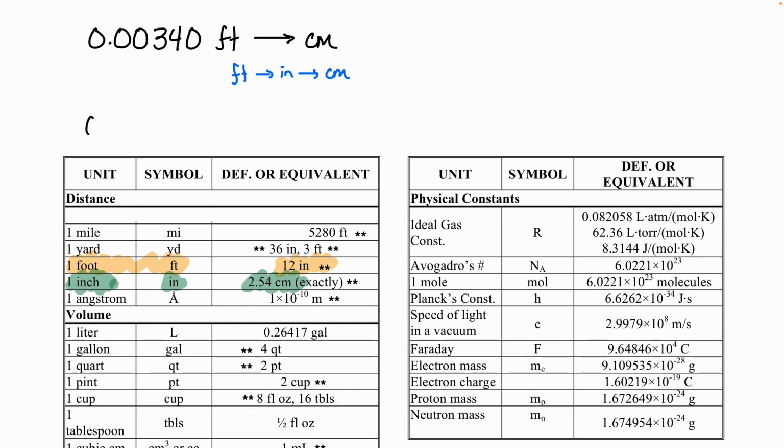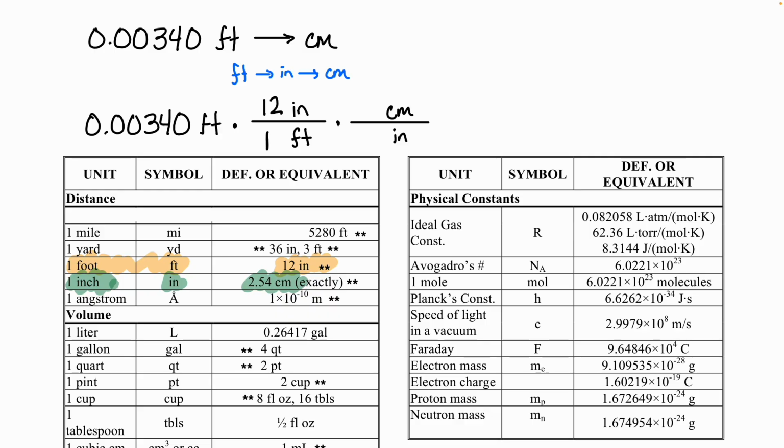All right, so starting out with my 0.00340 feet, I'm going to need to multiply this by this conversion factor that takes me from feet into inches. According to my table here, 1 foot is equal to 12 inches. And then I'm going to do another jump that takes me from inches to centimeters.